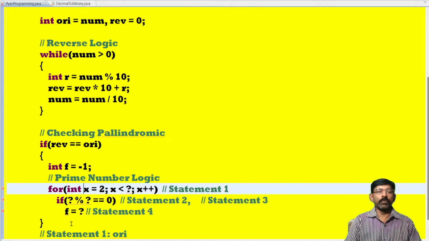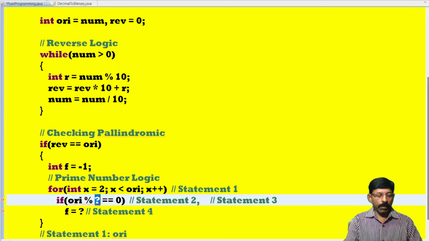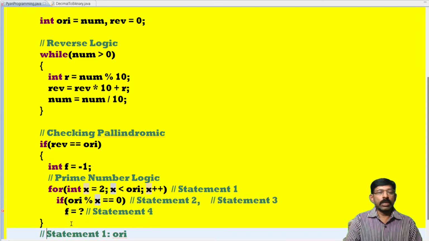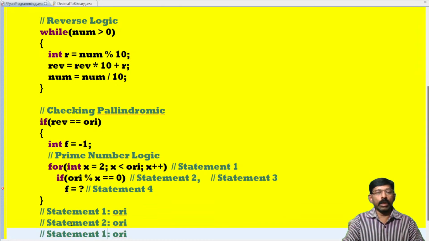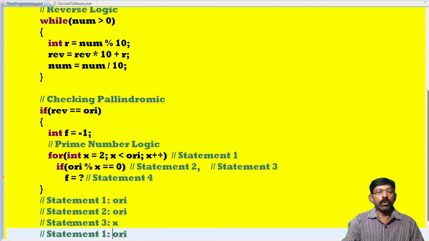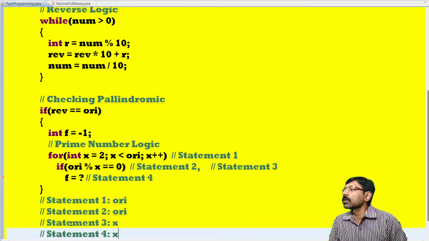So statement 1 is your ORI. Statement 2 is also ORI, original number divisible by x. So statement 1 is ORI, statement 2 is ORI, statement 3 is x, statement 4 is x. Let me see how many of you have given the correct answer.